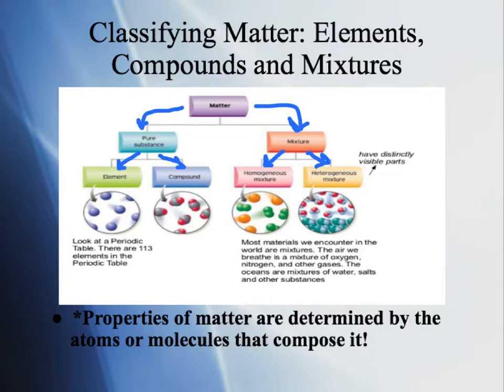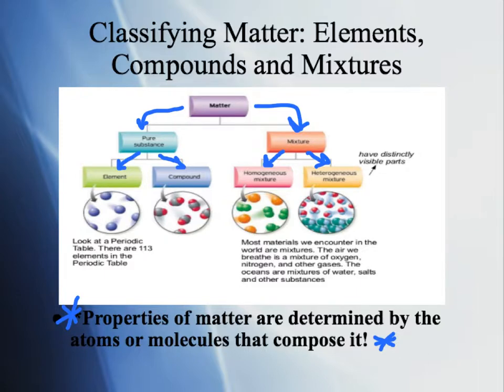And the important thing to realize here is that, no matter what kind of matter it is, the properties of matter are determined by the atoms and molecules that compose it. So when you're cooking and you burn your hand on the metal pot that you're boiling water in, even though the water's not hot yet, you still can burn your hand on the pot.